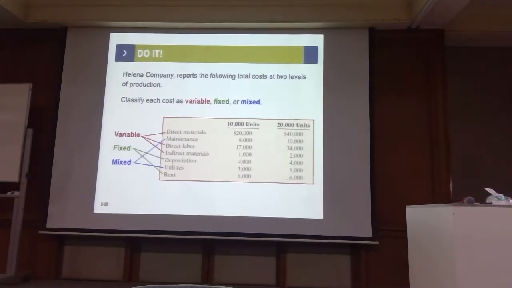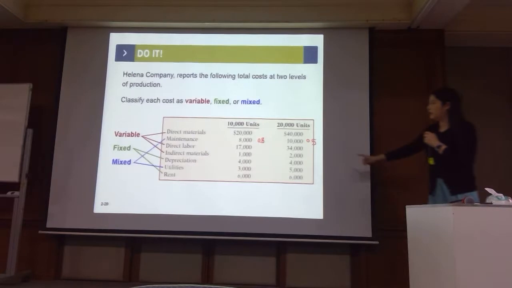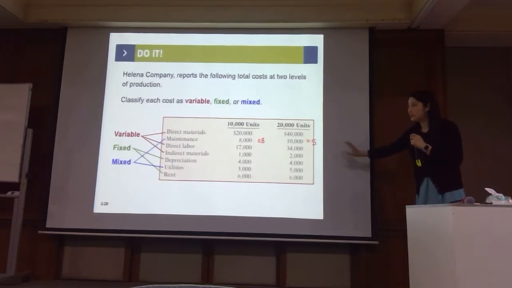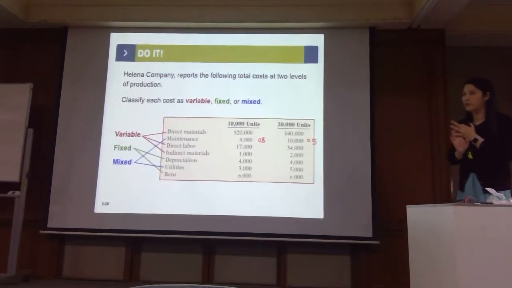Let me show you. So this one, if you compute per unit, it's going to be like 0.8, right? And that one, 0.5. See, when you compute per unit, it's not constant. So this one is not variable for sure.